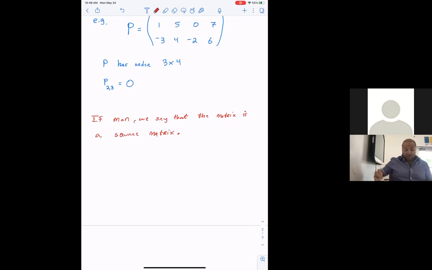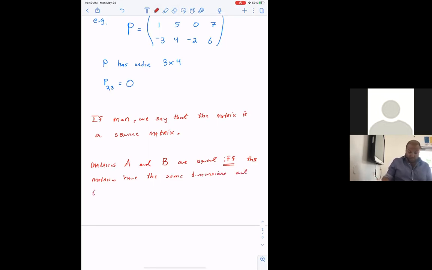So when are two matrices equal? Matrices A and B are equal if and only if, abbreviated in mathematics as iff, the matrices have the same number of rows and columns, or the same dimensions, and not only do they have the same dimensions, but their corresponding elements have to be equal.